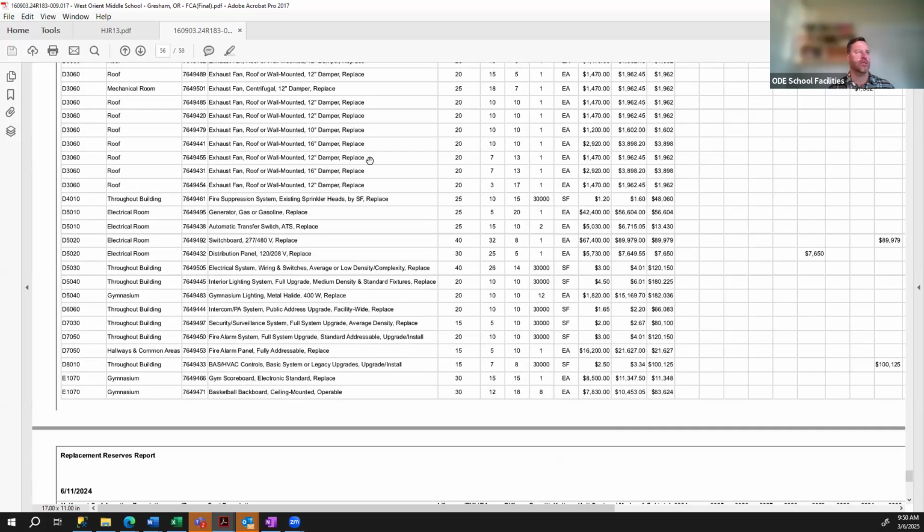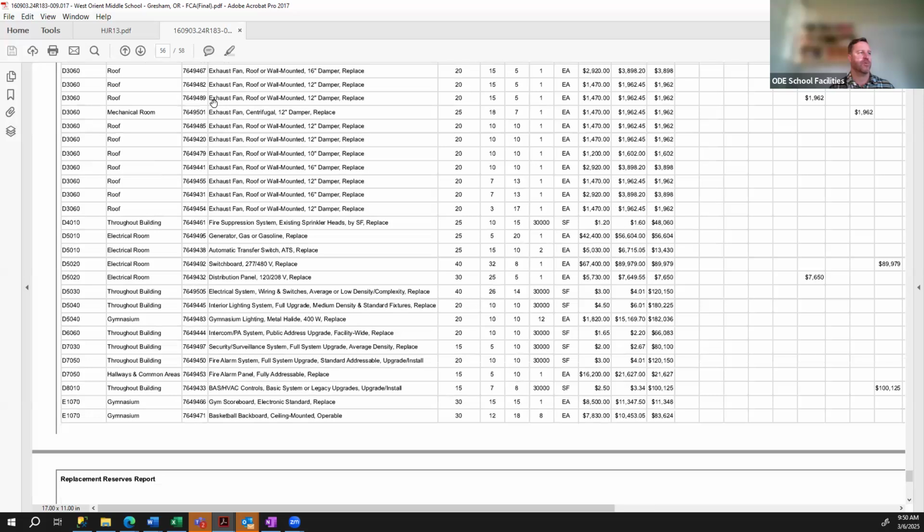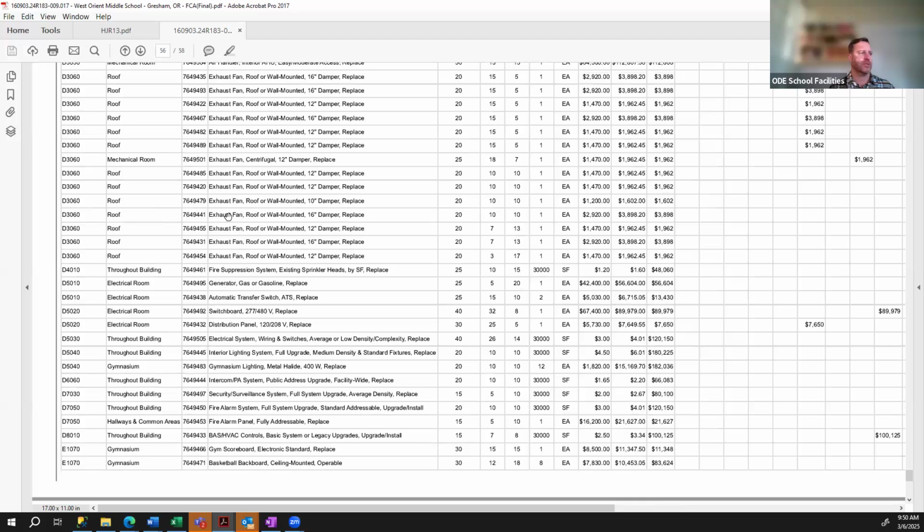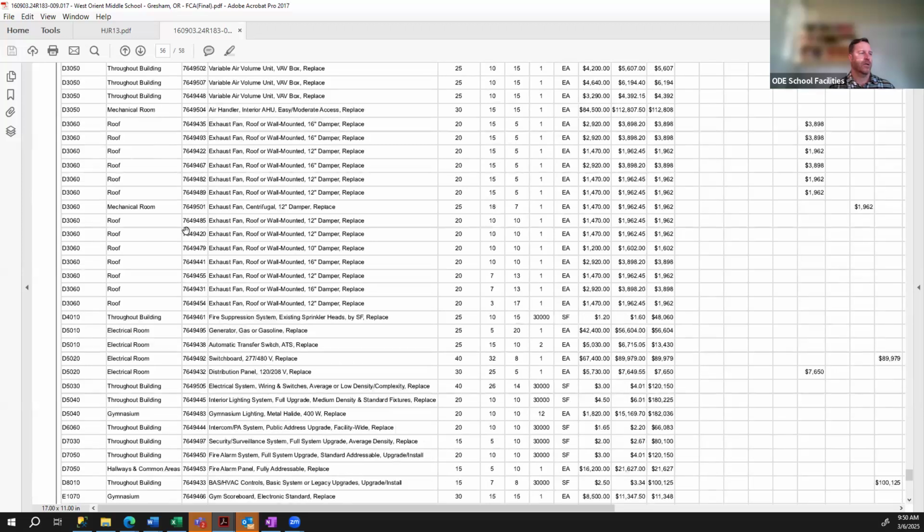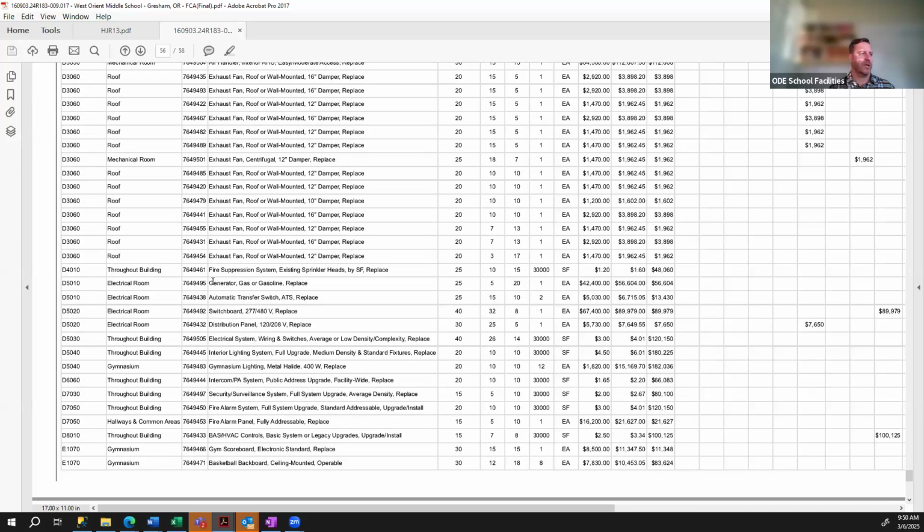So it has all this detail with the damper replacement, exhaust fans, ceiling fan, roof wall centrifuge damper replacement. It has all these things for this HVAC, right? But theirs didn't have the electrical infrastructure needed to support this system. It didn't have the automatic transfer switch, the switchboard or distribution panel or electrical system wiring. It didn't have that to support the HVAC system.